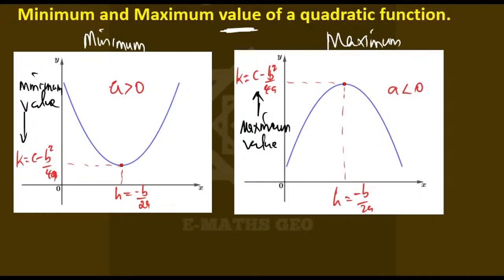So k is always the value. This is the maximum point. Once you talk about value, it is the y coordinate, which is k. Just know that. I had to do this before we solve these questions.